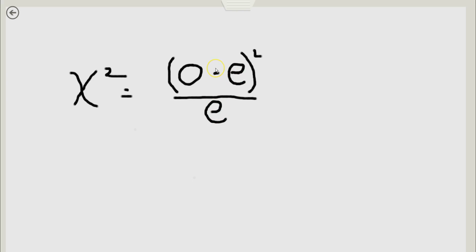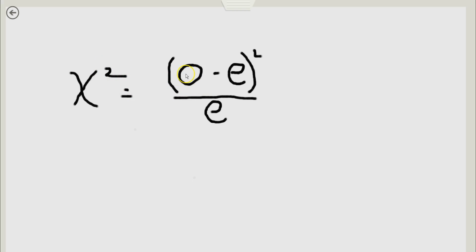Think about your standard deviation formula. It's observed minus a mean over the standard deviation, like a t-test. We don't take the square root of this like we do in the other formula, so it's a chi-squared.